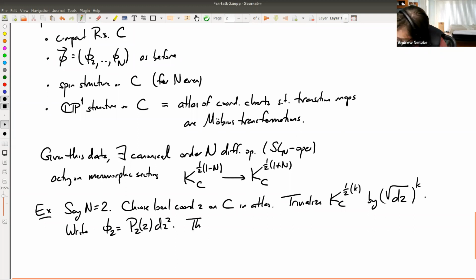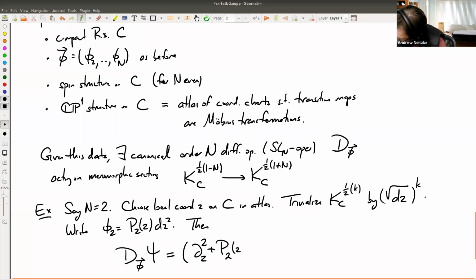So then relative to these trivializations, I meant to give this differential operator a name. I'll call this differential operator D sub phi. Relative to these trivializations, I can write D sub phi acting on a function psi as d by dz squared plus p2 of z, acting on psi.